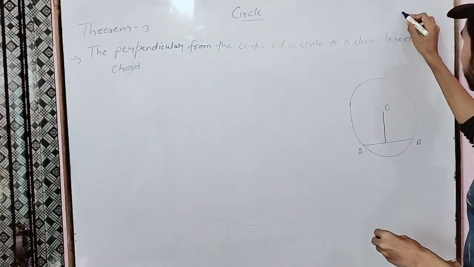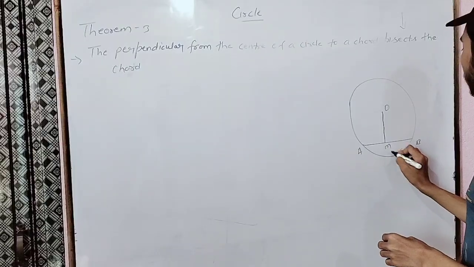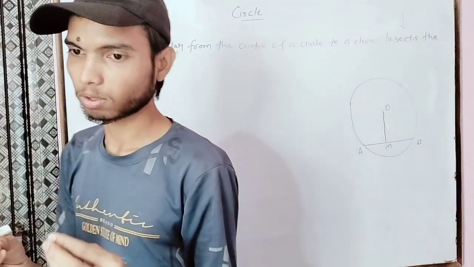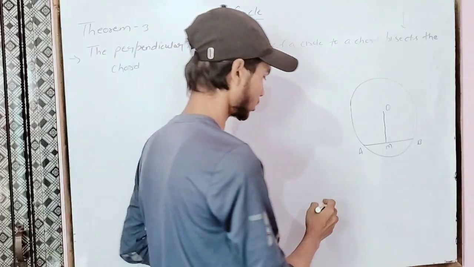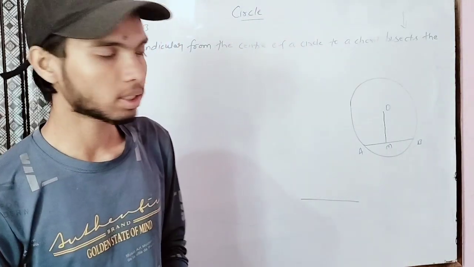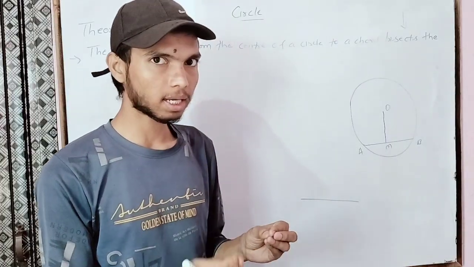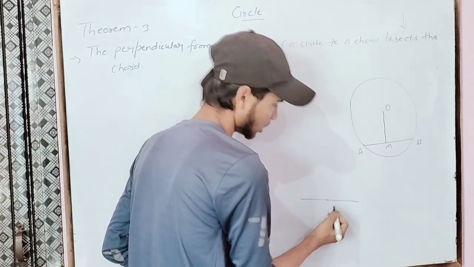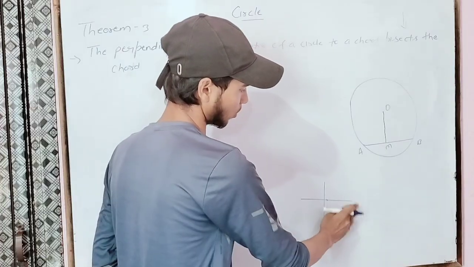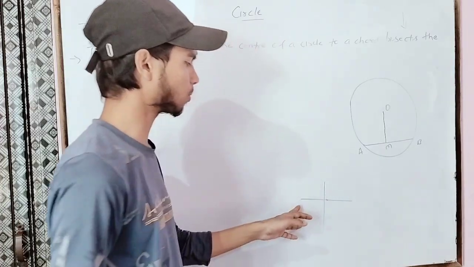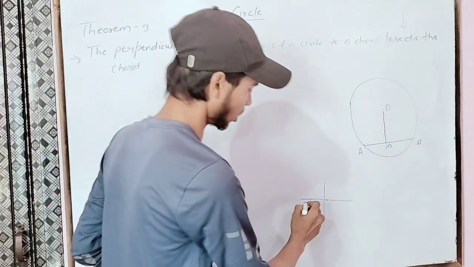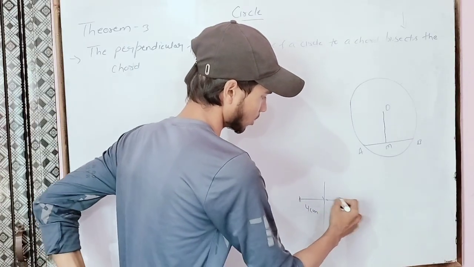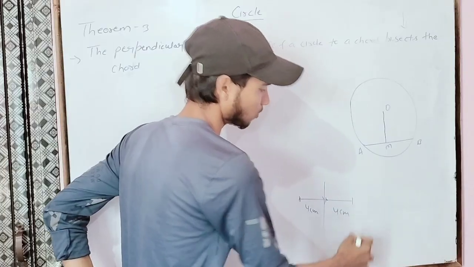When it comes to bisect, it means that there will be two equal parts of something. For example, this is a line segment, and the question is saying there is a bisect in this line segment. So if the measure of this was 8 centimeter, then from here to here will be 4 centimeter, and from here to here will also be 4 centimeter.